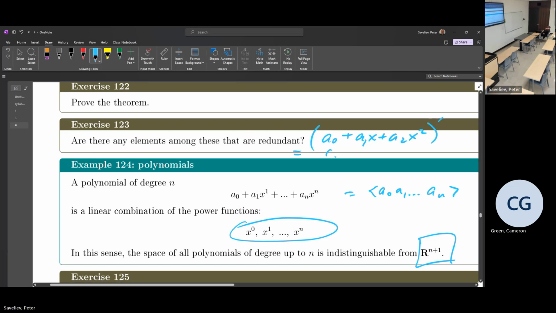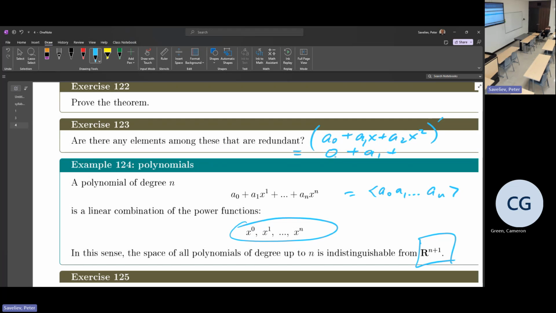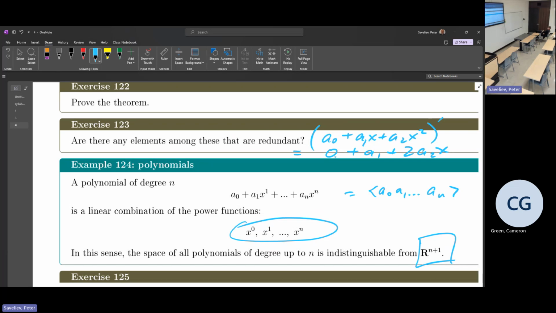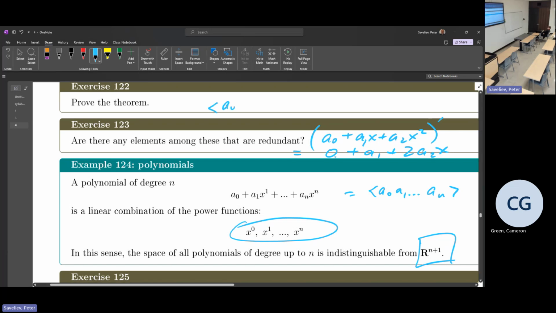I get 0 plus a1 plus 2a2x. I remember differentiation. So I could do it in terms of vectors. The vector a naught, a1, a2, under differentiation, gives me, you see what?